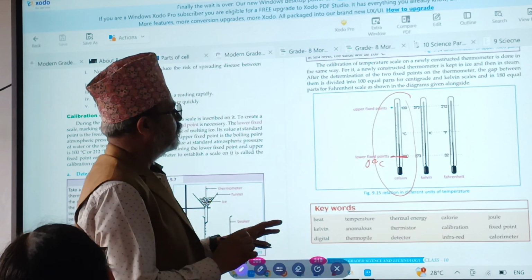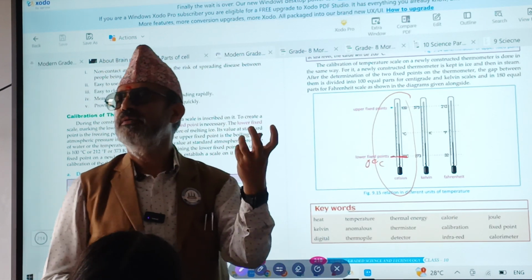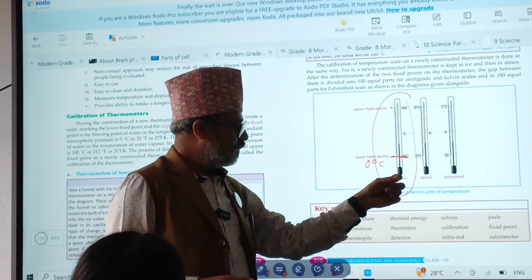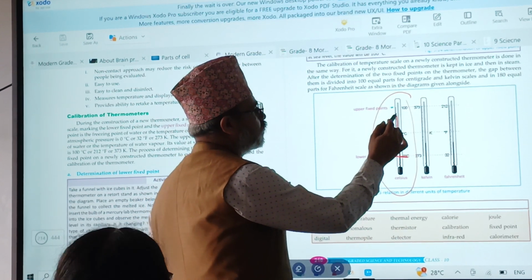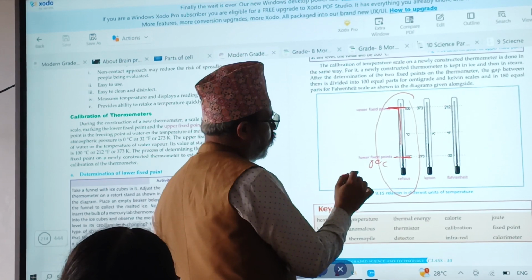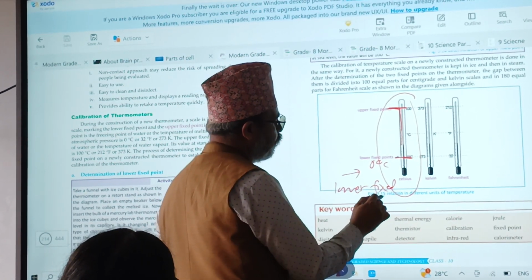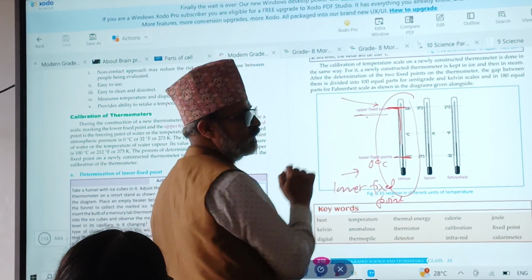Right? Afterwards, the same thermometer must be kept in boiling water. Where to keep? Here is the bulb. If the bulb is placed in boiling water, slowly the level of mercury goes up, then it may go up to here. And this is lower. What is it? Lower fixed point. And what is this? Upper fixed point.